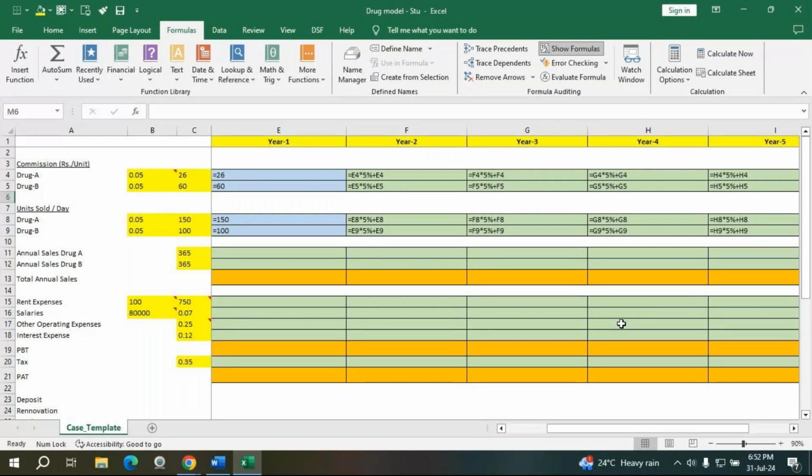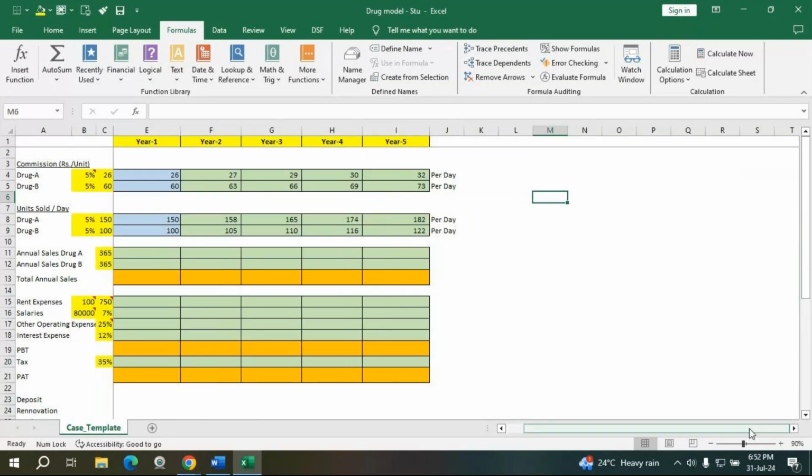Coming to the next one. Here they are telling annual sales of drug A, so per day how much it is, and on 365. So here I'll take equals 26 into 150 into 365 days to calculate the annual sales. Then I'll come here again equals 60 into 100 into 365.